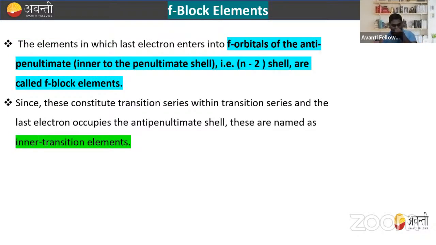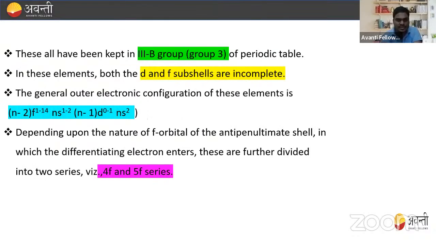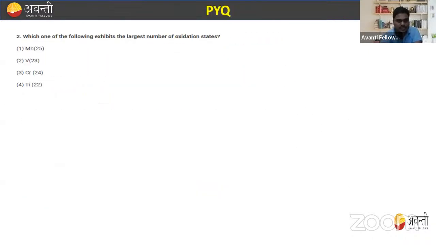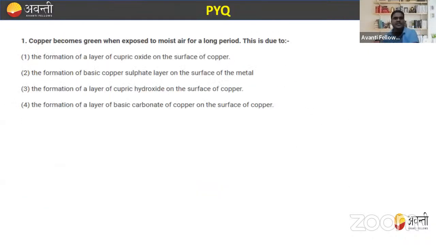Now, before going to the f-block elements, let's discuss some questions related to the d-block elements so that you are able to understand the whole chapter. So basically, the first question: copper becomes green when exposed to moisture for a long period.